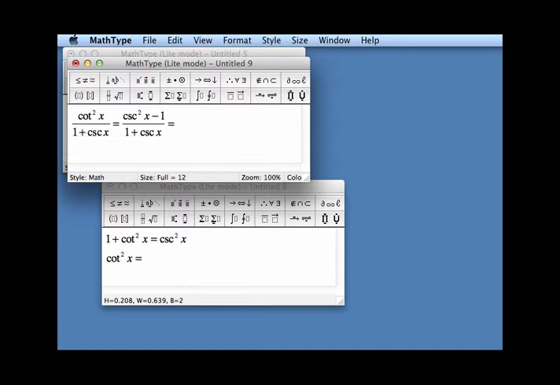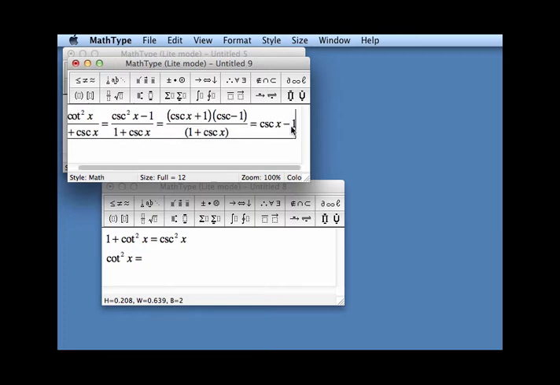It's the difference of squares again, and so you can write that as cosecant of x plus 1 and cosecant of x minus 1, and the bottom is 1 plus cosecant of x, and those terms, this first term here and this first term there, are identical, and so they can cancel themselves out, and you get cosecant of x minus 1.